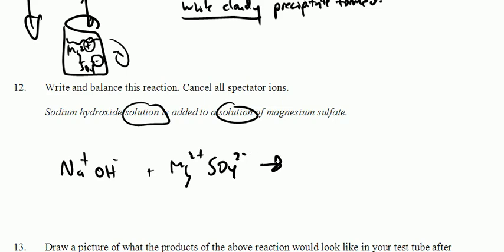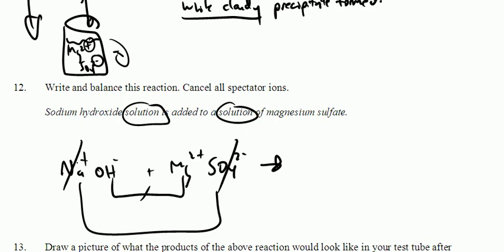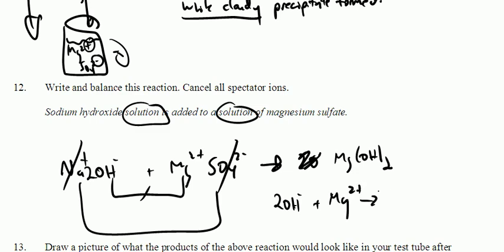Wrote my reactants, yes I see ions, no I see no neutral atoms, so I'm going to swap, I'm going to stick, I'm going to cancel out my spectators, and I'm going to put a 2 here, and I'm going to get MgOH2. So it's going to be 2OH minus plus Mg2 plus goes to MgOH2.